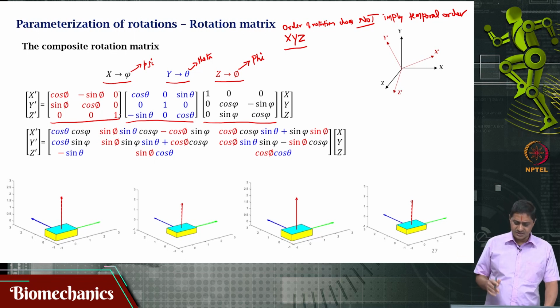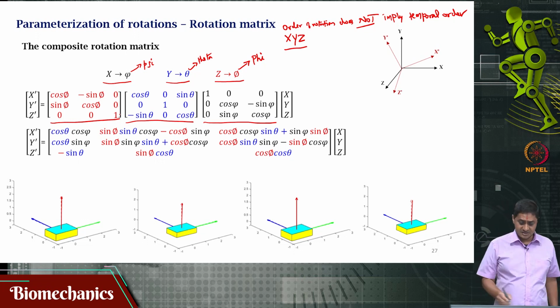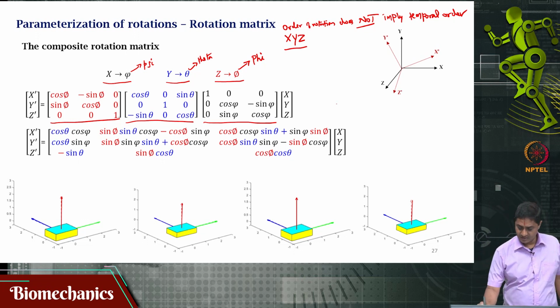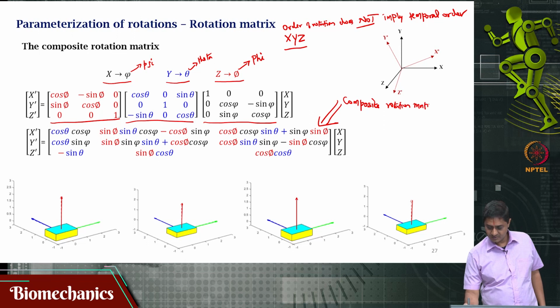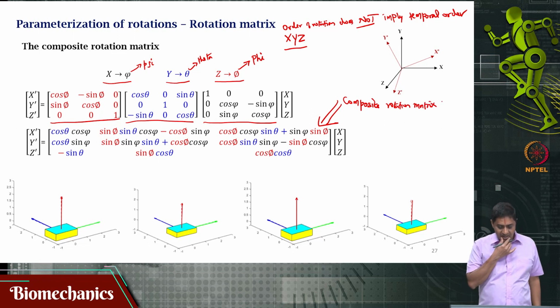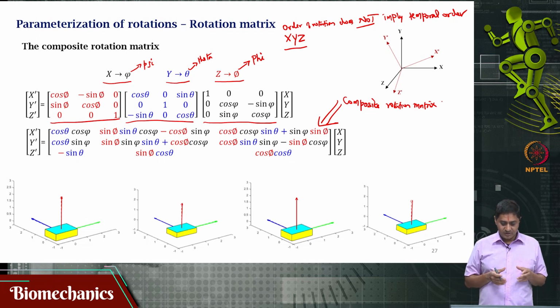That is what it means, and after matrix multiplication, this is what I will get as the composite rotation matrix. Looks like a very scary thing, right? There are many things and it is not clear how to identify the rotations about each axis by looking at this, because you are not just going to have this, you are going to have numbers.